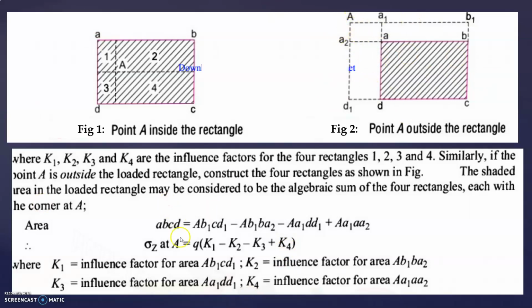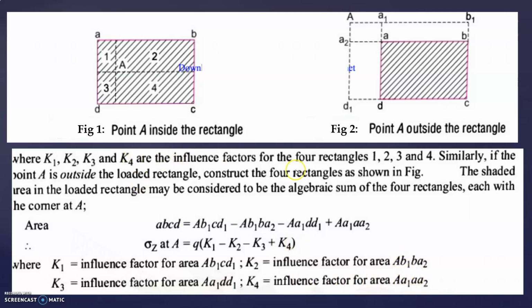Suppose the load is here, you can find the vertical stress at A as Q into K1 minus K2 minus K3 plus K4, where K1 is the influence factor for area AB1CD1, K2 is the influence factor for area AB1BA2, K3 is the influence factor for area AA1DD1 and K4 is the influence factor for area AA1AA2.